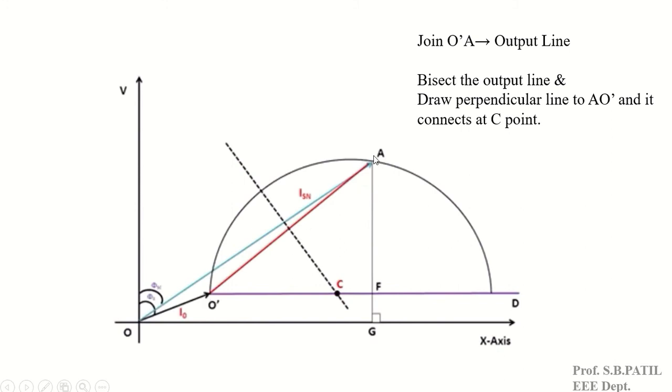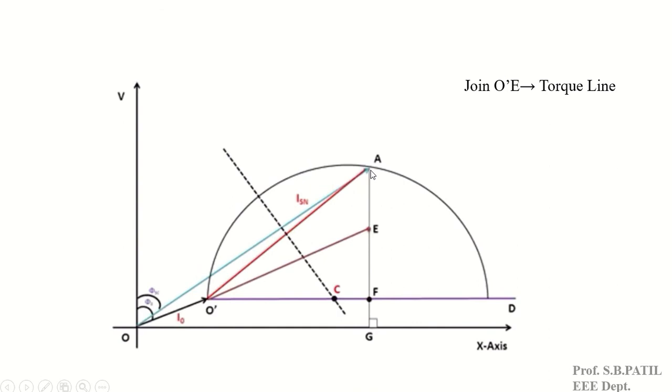And draw the vertical line A to G. This will give the total losses in the machine. AF gives the total copper loss, AG will give the total losses, and FG will give the fixed loss.